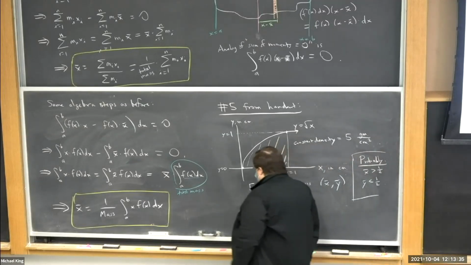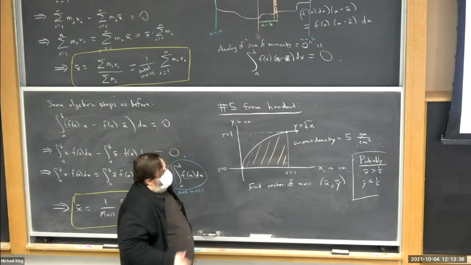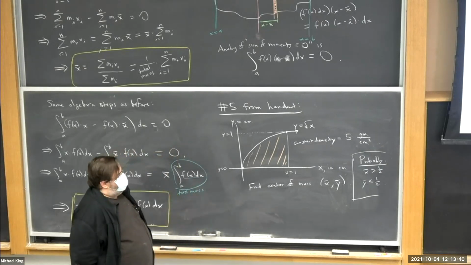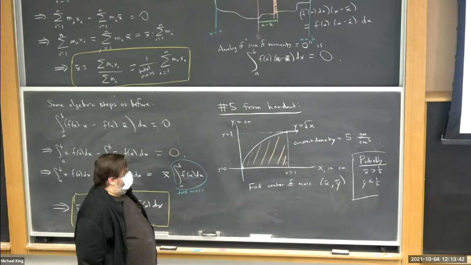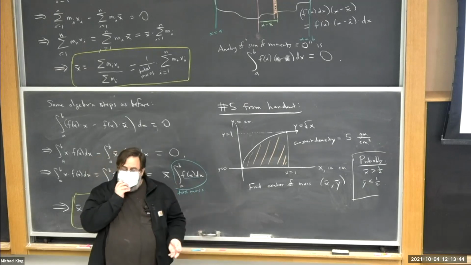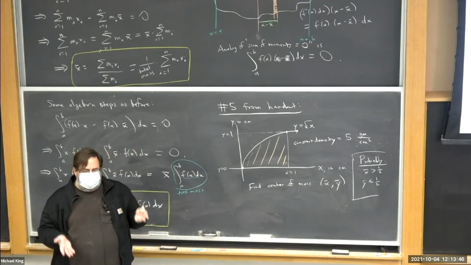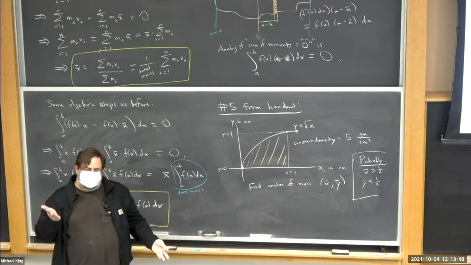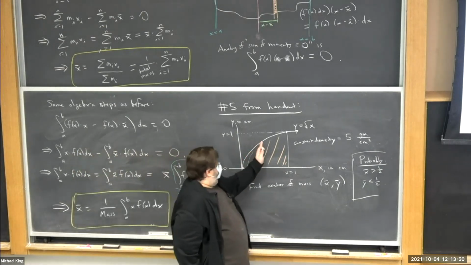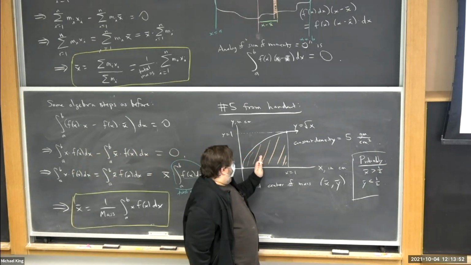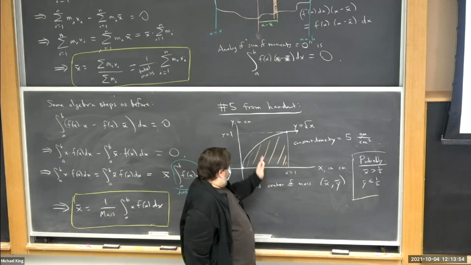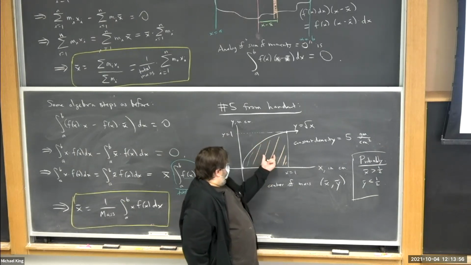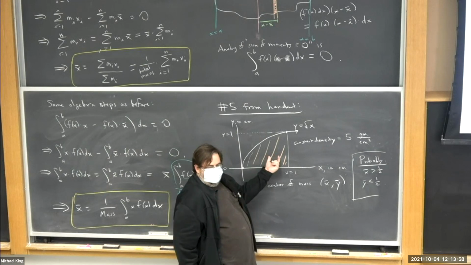Okay, so now let's see if we wanted to find x bar. One thing that's kind of cool is that they are completely separate from each other. You can actually find x bar and y bar totally separate from each other. If I want to find x bar, that is some x value, and now I want to look at distances like this, x minus x bar.